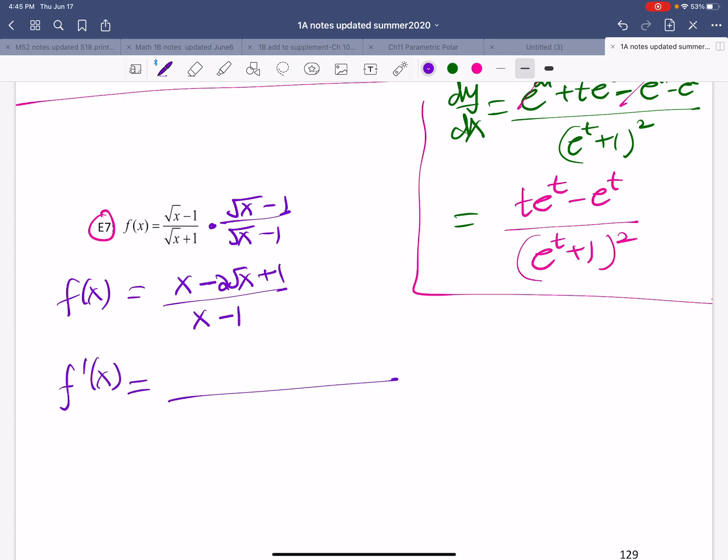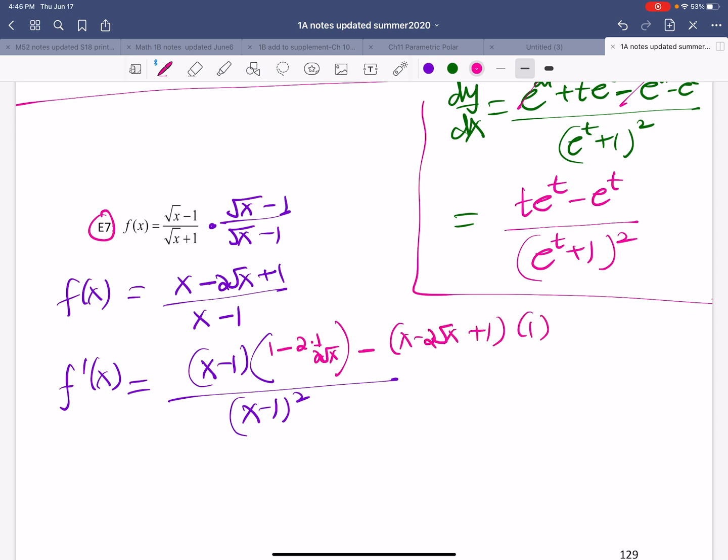Okay, didn't really make it a whole lot easier, but I'm going to go ahead and use the quotient rule now. We could use the quotient rule the way it was earlier written. I can start by going low in the denominator. Lower term times derivative of the higher term. Derivative of higher term is 1 minus 2 times half square root of x, minus x minus 2 root of x plus 1 times derivative of the lower term, which is 1.